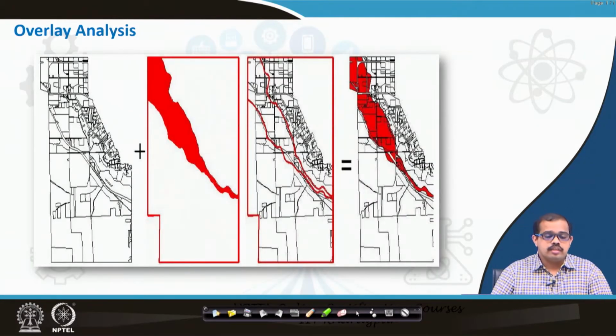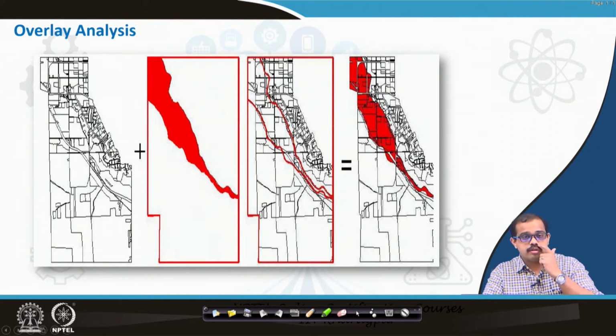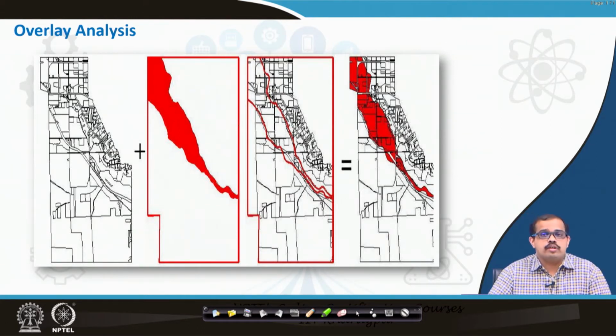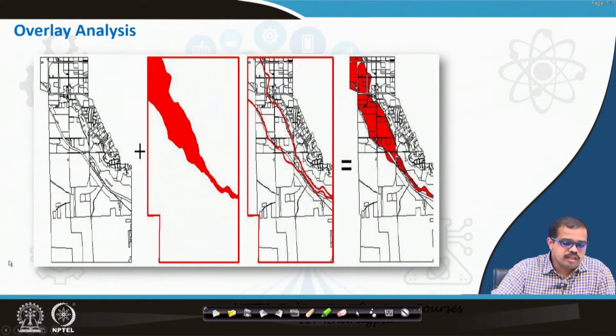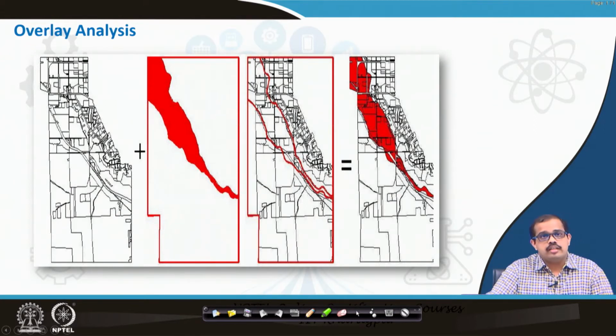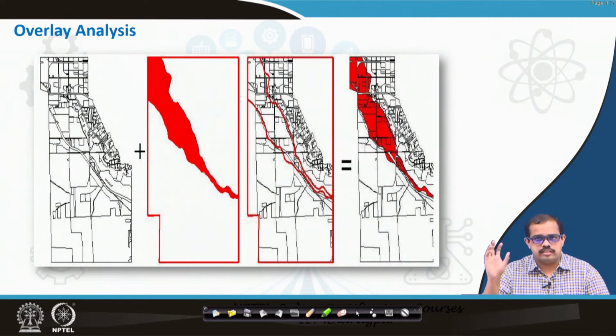Okay. So, just to give you another example, this is one of the examples from one of the research papers. When you look at it, I have ward level boundaries of a particular place. Then I have another vector layer, which is giving me the vulnerability region of anything.